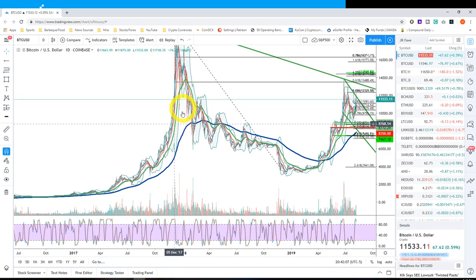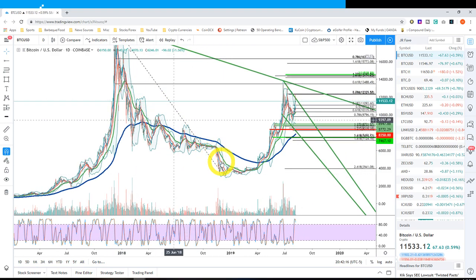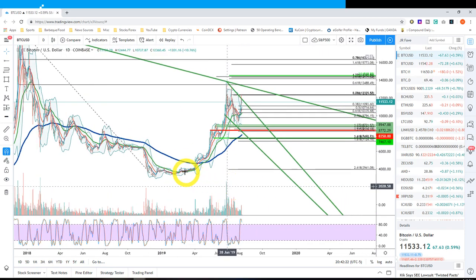That's your bull market. Once your 50 starts to turn, then your 20 flattens out and price gravitates back toward it, then you're in a bear market. That's your bear market. So now, like I said back here, above the 50, above the 200, we're back in a bull market.